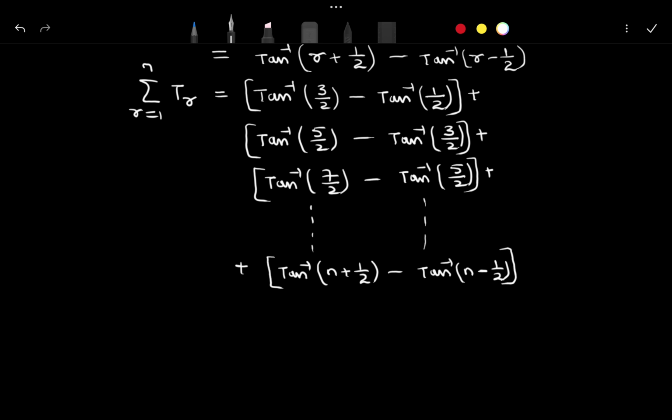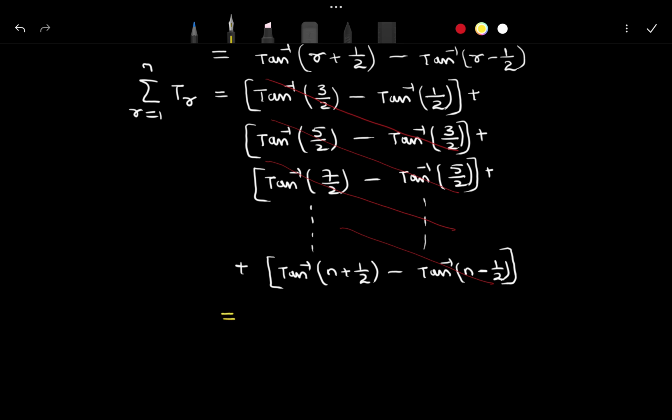Now by observing this series, you will see that plus tan inverse of 3 by 2 minus tan inverse of 3 by 2, plus tan inverse of 5 by 2 minus tan inverse of 5 by 2 cancel, and so on up to the last term. So what are the resultant values after the cancellation?